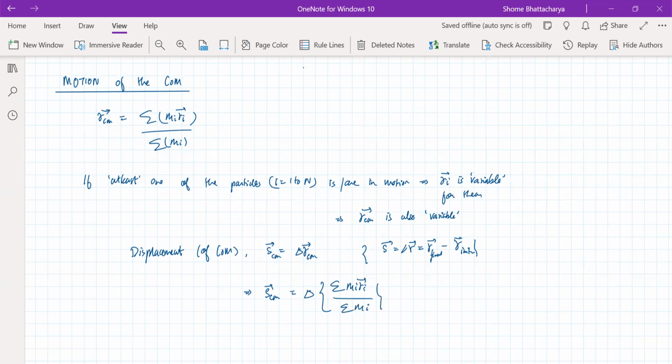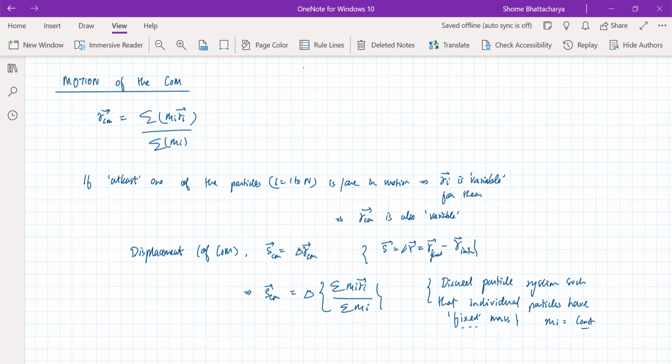Now at the moment we are talking about a discrete particle system where the individual particles are of fixed mass. They're not having variable mass. Variable mass system is slightly different treatment. We'll come to that later. So here we are talking about constant mass or fixed mass systems. So that means mi are constant.